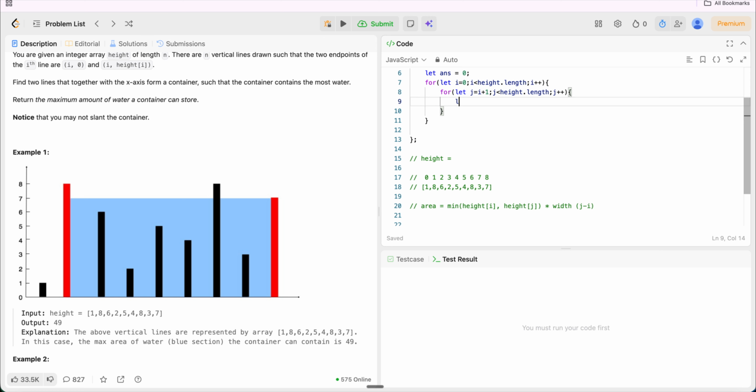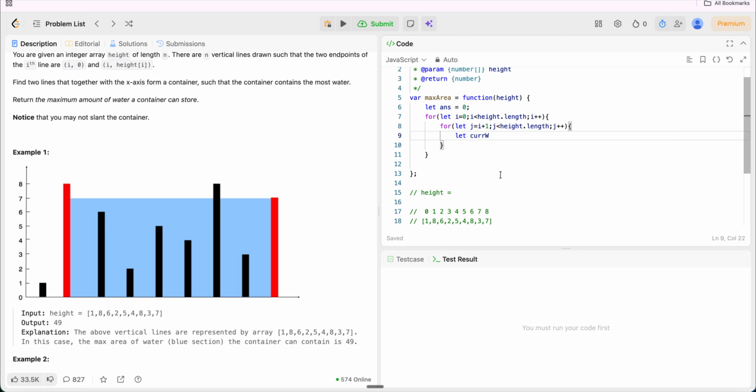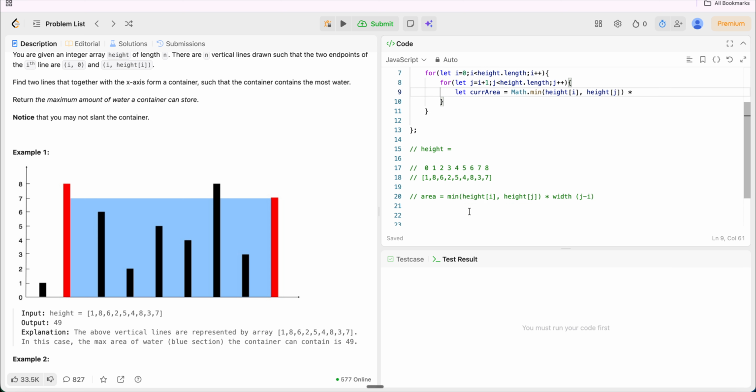We will calculate it differently. Current area is equal to Math.min of height of i and height of j, and we have to multiply it by the width.